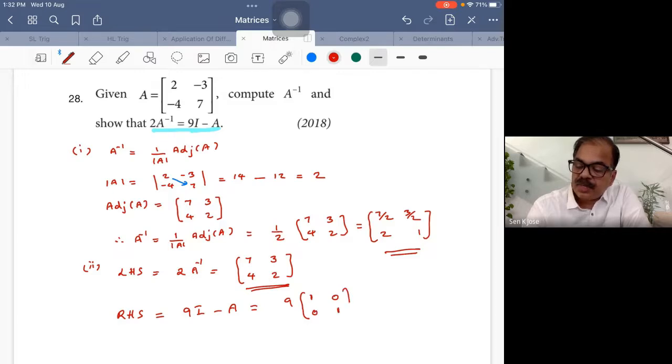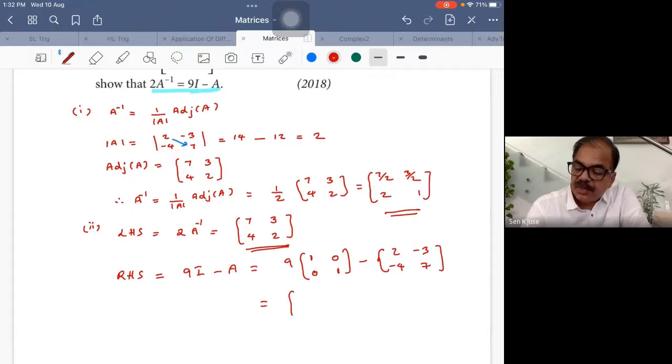So it's 1, 0, 0, 1 minus A. A is 2, minus 3, minus 4 and 7. Try to work this out. So that's going to be 9, 0, 0, 9 minus 2, minus 3, minus 4 and 7.